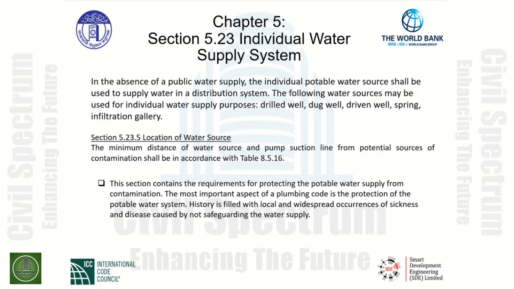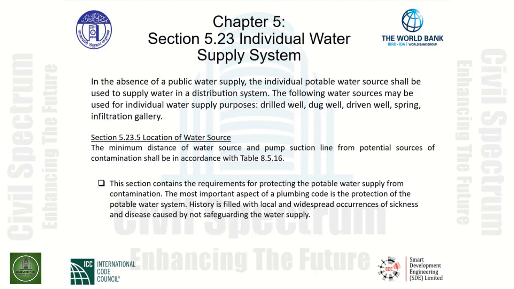Section 5.23.5 gives us requirement for location of water source. The minimum distance of water source and pump suction line from potential sources of contamination shall be in accordance with Table 8.5.16. Remember, we do not want any source of contamination in the potable water supply system.